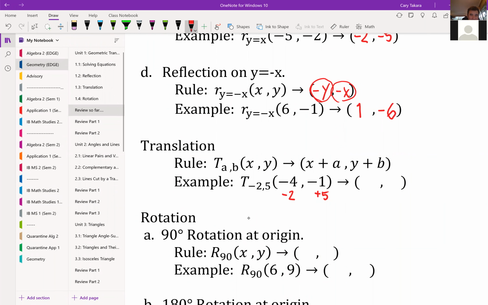The first number is always the x coordinate shifting, and the second number is the y coordinate shifting. So you just add whatever numbers you see. You're going to do -4 minus 2, and then -1 plus 5. And that will get you the new coordinate.